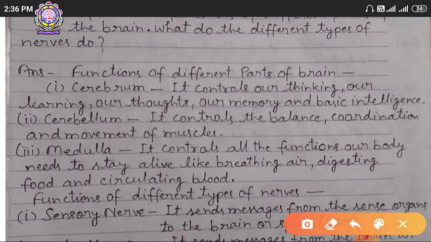Now third part is medulla. The third heading is medulla.